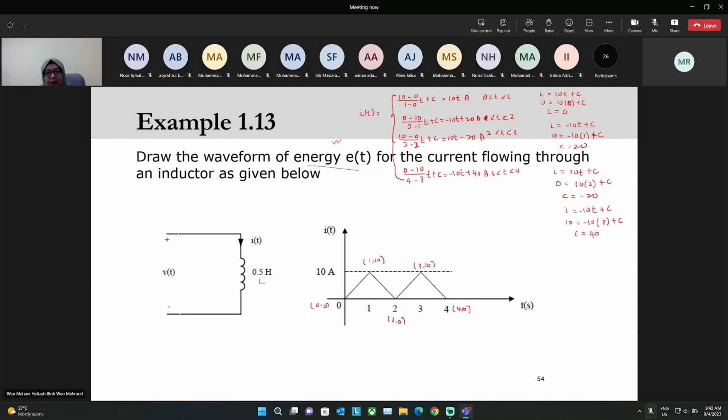Boleh. Ataupun you straight away je guna equation W atau E equals to 1/2 Li square. So, in this case, W akan jadi, ada 4 sebutan jugalah.